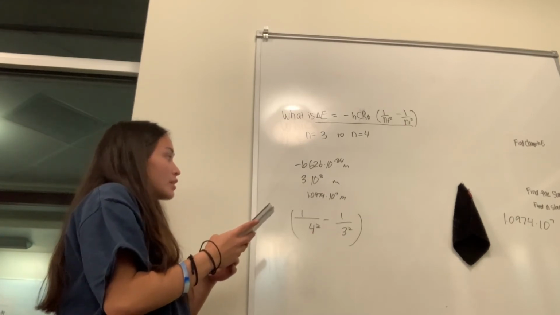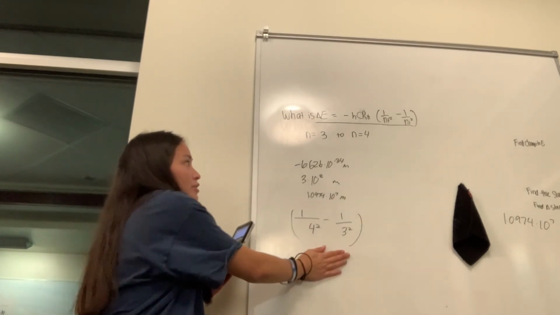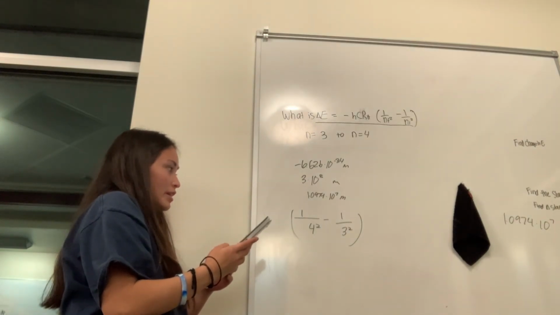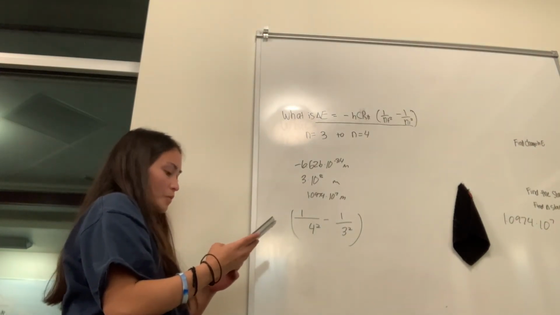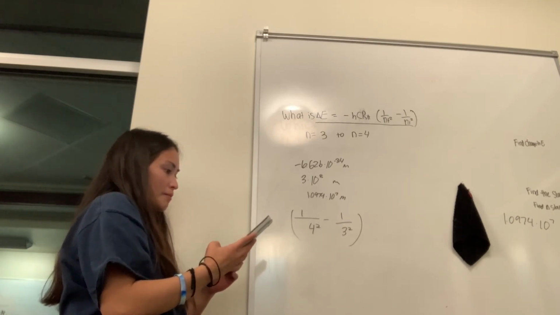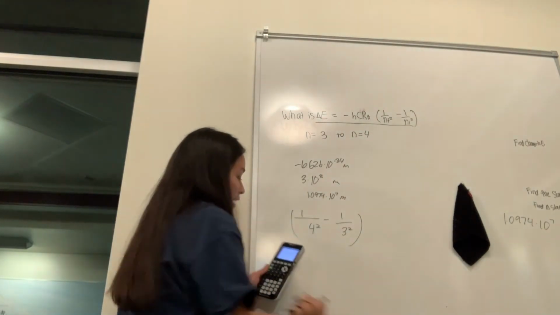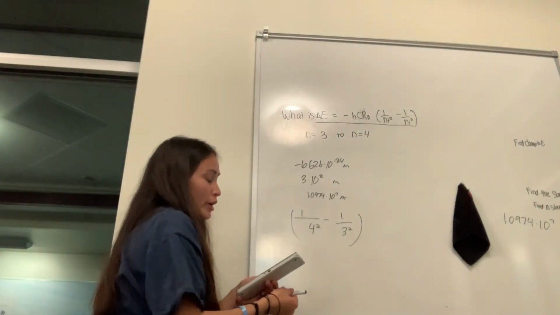So what I like to do first is do the inside of the parentheses. So first let's check. I get negative 0.0486.